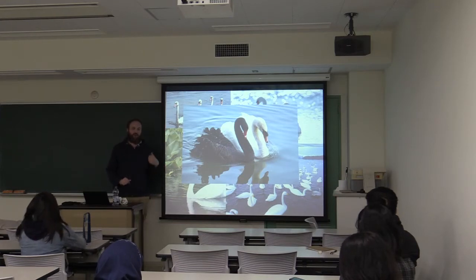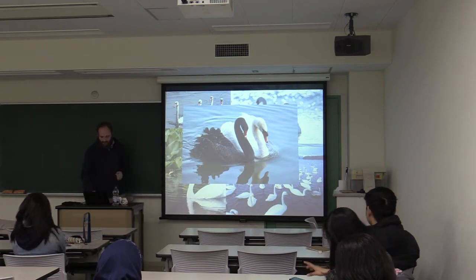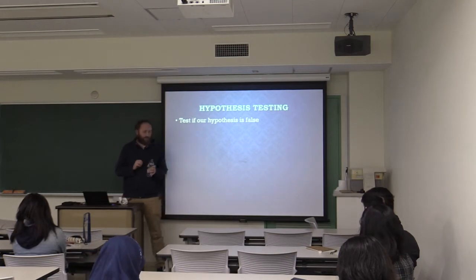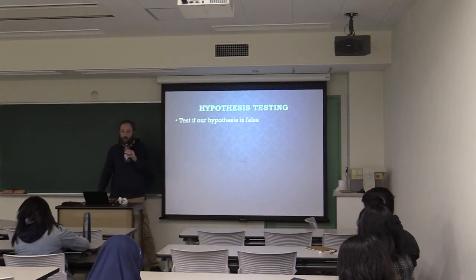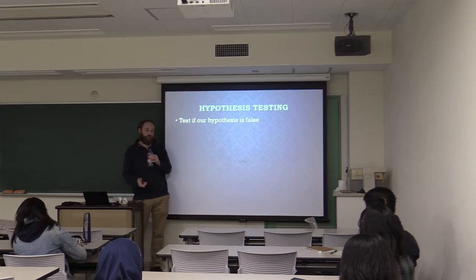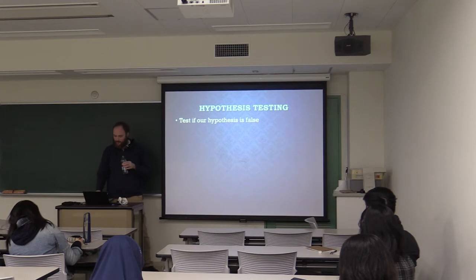Not all swans are white. Easy peasy. So what we're going to do in science is test if our hypothesis is false rather than if it's true, because we can never get to truth. We can never collect enough data. But we can show if it's false.